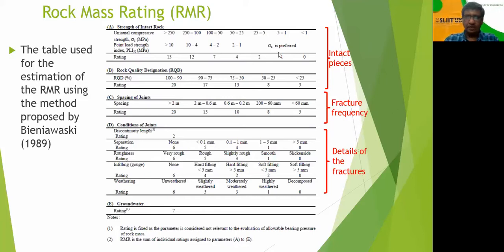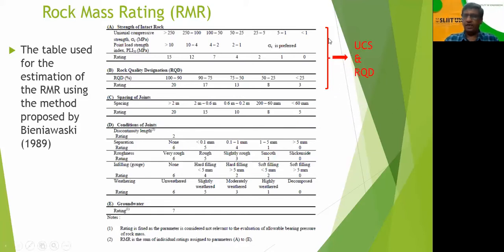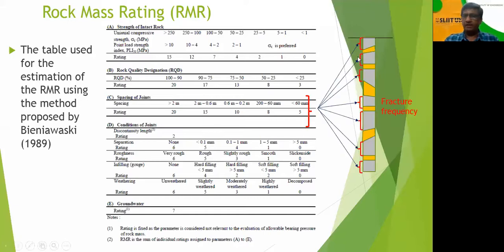So you can determine the RMR using this particular chart. The first 2 factors are based on the intact rock specimen; here you determine the UCS and the RQD. The next one is the fracture spacing.